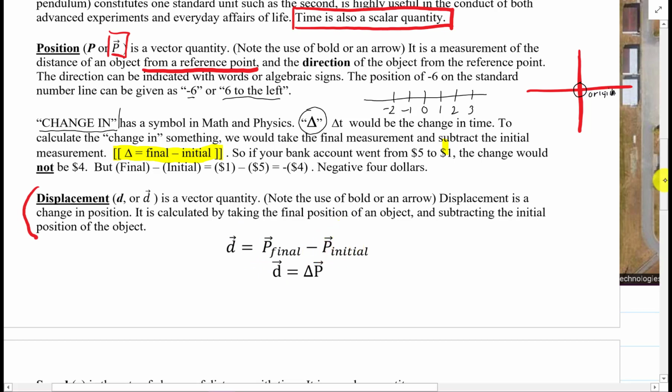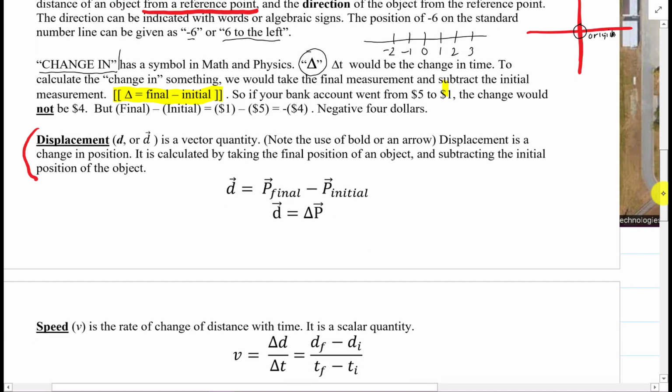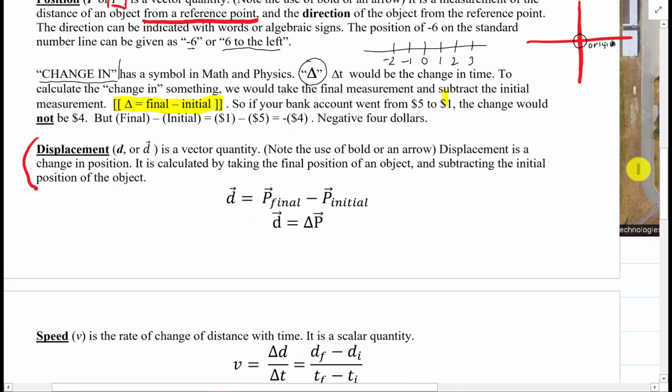If I'm rushing through it, it's on purpose, because we don't need to worry so much about that. We'll see when we start doing position and speed and velocity, that's where we'll understand the delta symbol. But let's just find our displacement here. Final minus the initial.